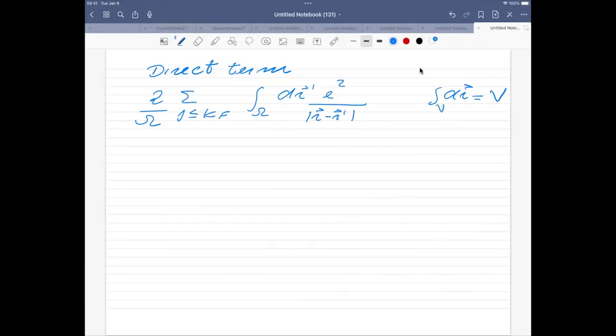Now, the summation which we are running here, since this integral does not depend on the quantum numbers j, this term is simply summing up all the electrons which fill a given level j.